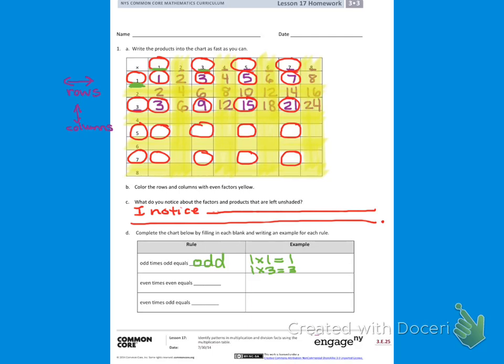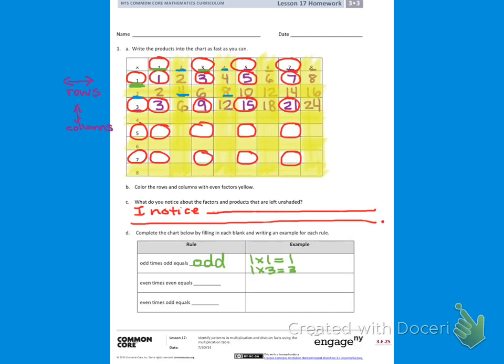Now let's go ahead and look at the next one. Even times even equals blank. Well, 2 is even. Oops, I scribbled that out. I'll underline it better. And 2 is even, so 2 times 2 is 4. Well, that's even. Well, let's look for another one. 2 times 4 is 8.